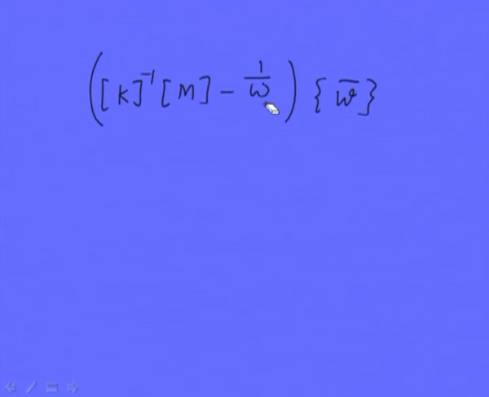Omega is nothing but the natural frequency, and this is the square of it. If we obtain the eigenvalue of this matrix, then the inverse of that and square root will give us the natural frequency. So, whatever eigenvalue we get from here, we have to do the inverse of that and then take the square root, and that will be the natural frequency of the system.